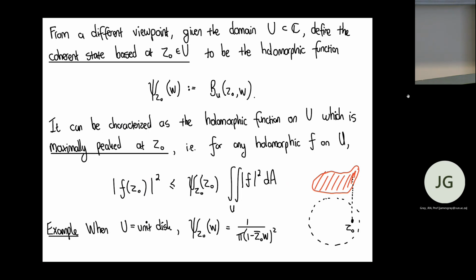I could use this coherent state to then construct a biholomorphism of the unit disk. First of all, I need to construct the coherent states. The coherent states are the tool that you use, that's the thing that you integrate over to construct the biholomorphism.